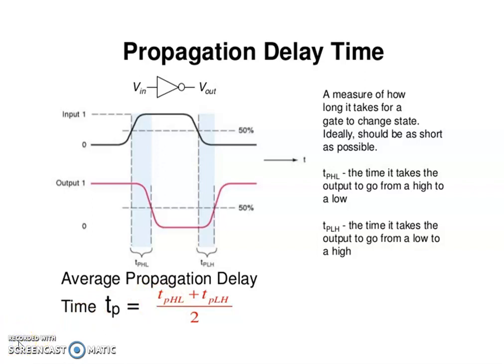Propagation delay is the average transition delay time for a signal to propagate from input to output when the binary signal changes in value.